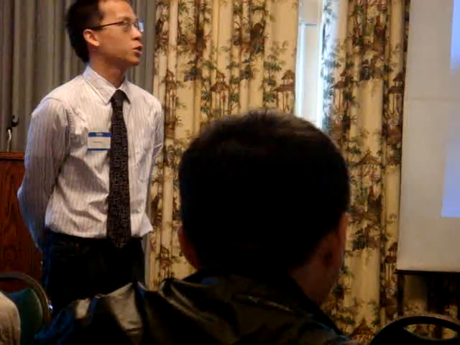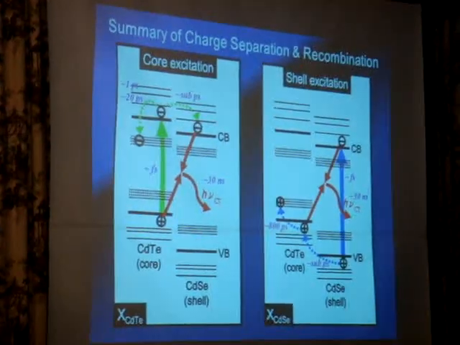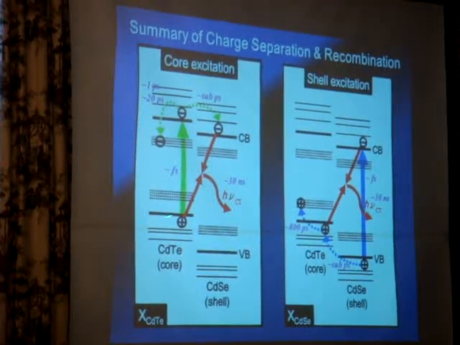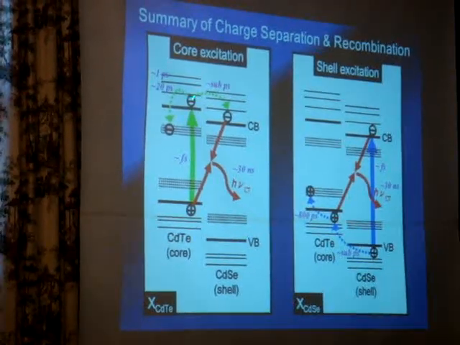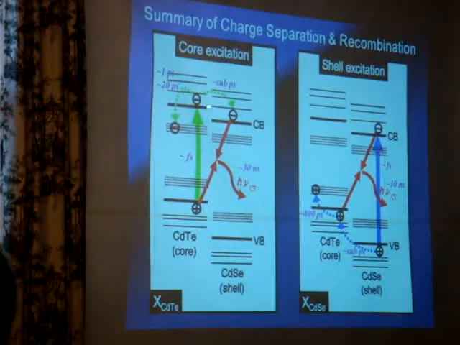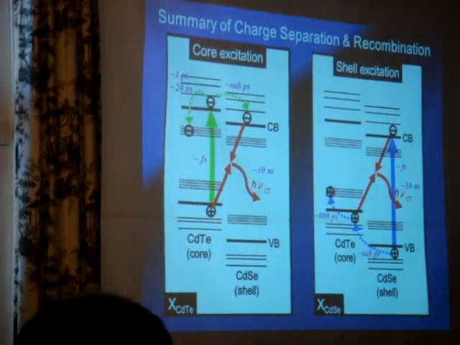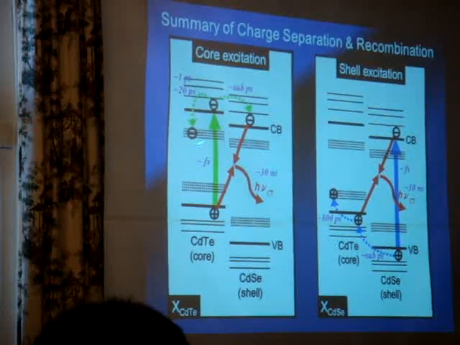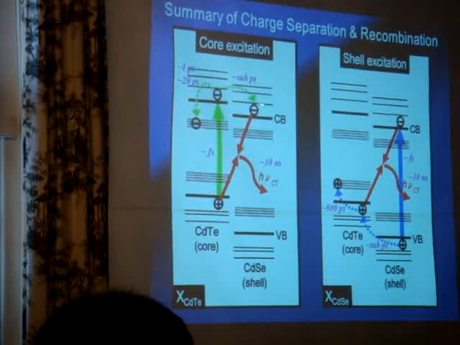Here I want to use this figure to summarize the charge separation and recombination study in my work. When we use the laser to excite a core, we create electron and hole pairs. After the electrons are created in the conduction band, the electron has several pathways to relax: either relax to the surface defect state or transfer to the shell through the interface.